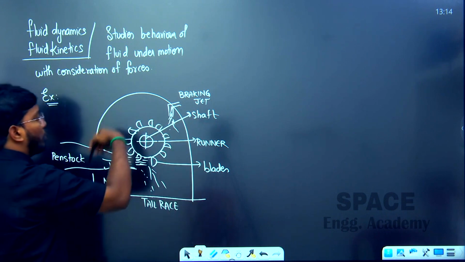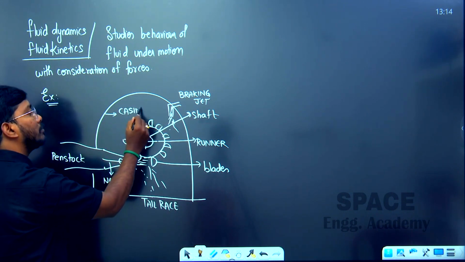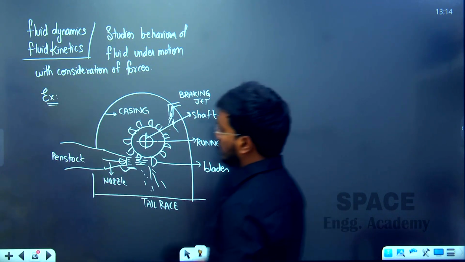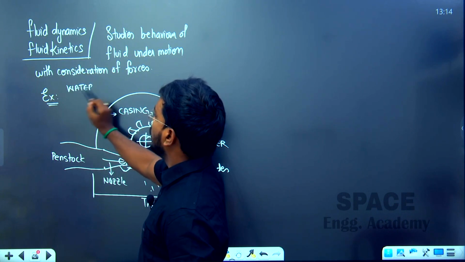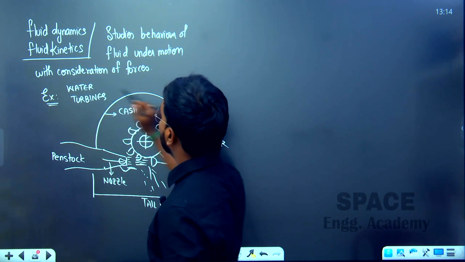To avoid the splashing of the water, we have a protective casing. So this comes under water dynamics, that is water turbines. These turbines are followed by pumps also.